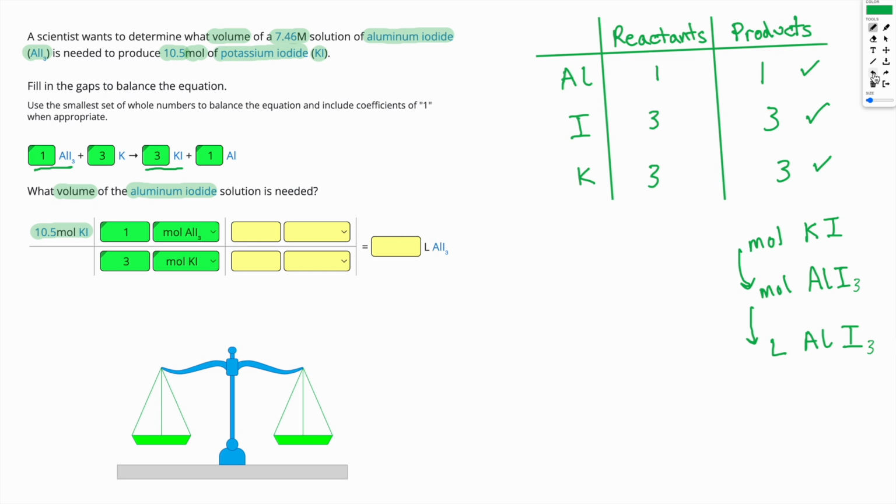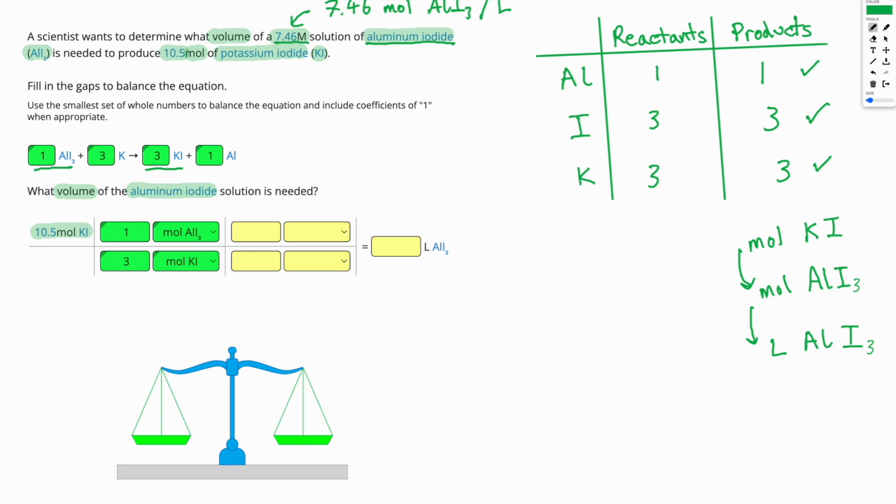In the question, we're told we have a 7.46 molar solution of aluminium iodide. And molar means moles per liter. So that's telling us we have 7.46 moles of aluminium iodide, AlI3, per liter of solution.